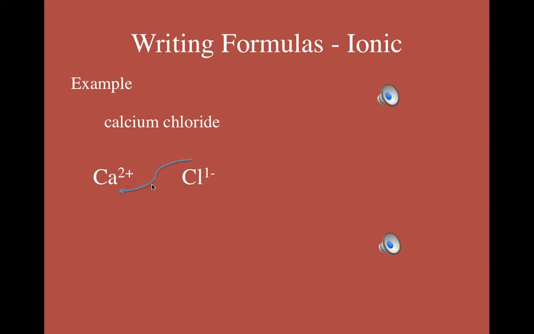So this 1 is going to come down here and become a subscript, and this 2 is going to come down here. And now we're ready to write out a formula. CaCl2, and we're done. Notice I didn't bother writing out the 1. Chemists like to avoid writing the number 1 if they can. So if you just see a Ca, that tells me there's 1 calcium. And this tells me there's 2 chlorine atoms.